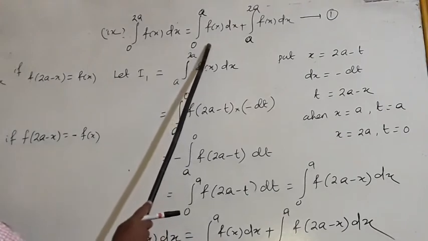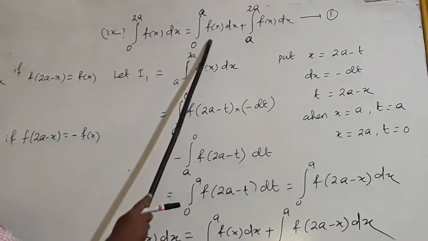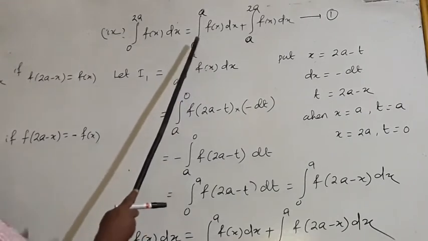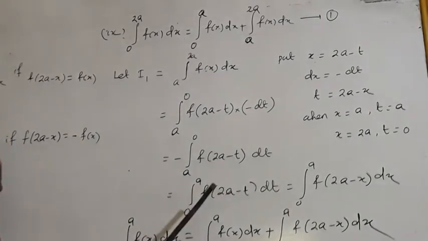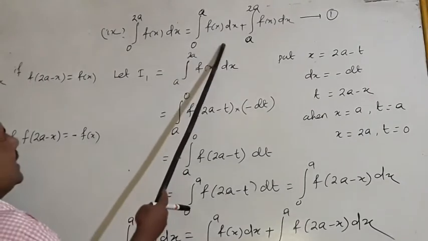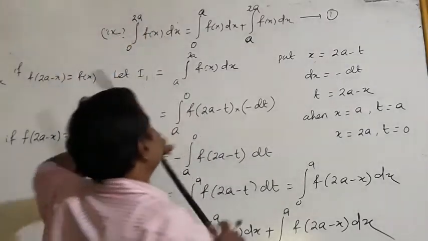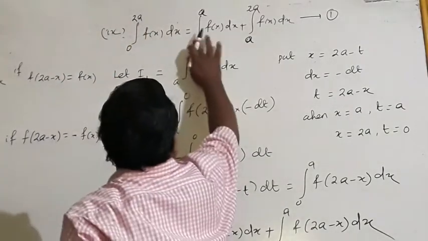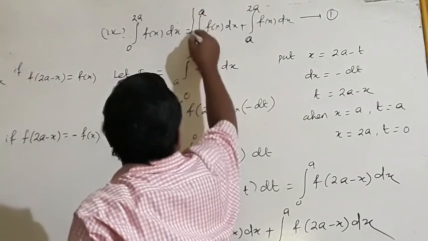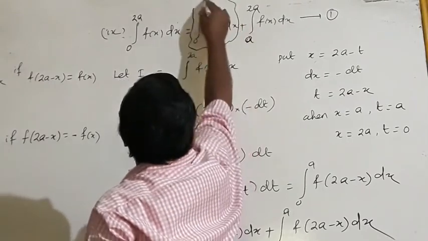Because in the answer you see 2 times the integral from 0 to a of f(x) dx. So I keep the first part as it is and change the other part.